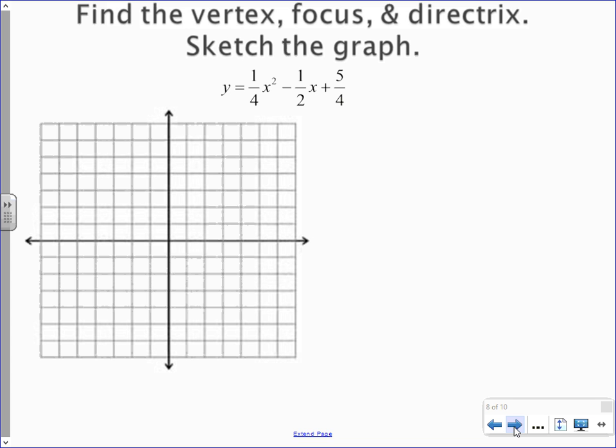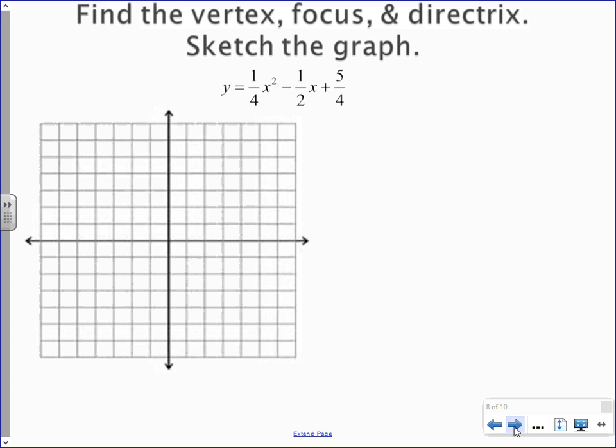Okay. First of all, is this a vertical or horizontal parabola? Vertical, and we can tell that why. The x is squared. More specifically, it's going to open in which direction? Up. Our coefficient is positive.